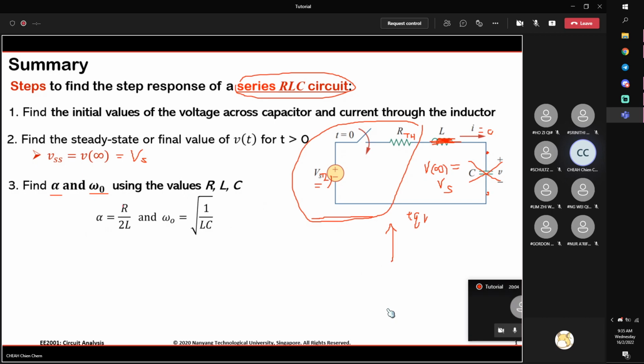Later on, probably in the next tutorial, I will point it out to you. At this stage, take note that you have to remember this, or you derive the differential equation. Once you derive the differential equation, you can also write this down. Alpha is equal to R over 2L for series RLC circuits.